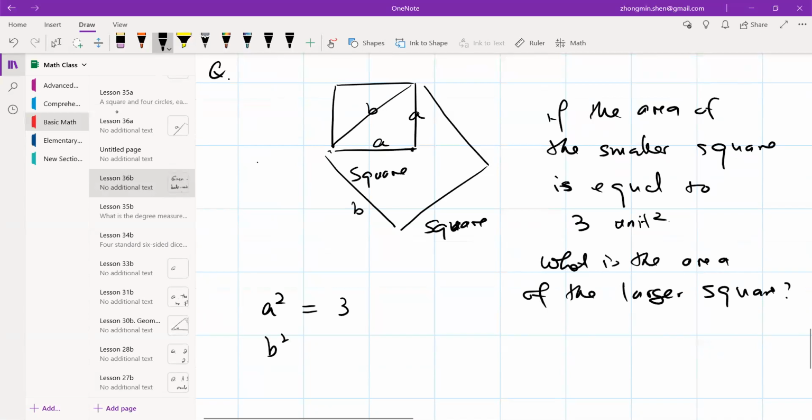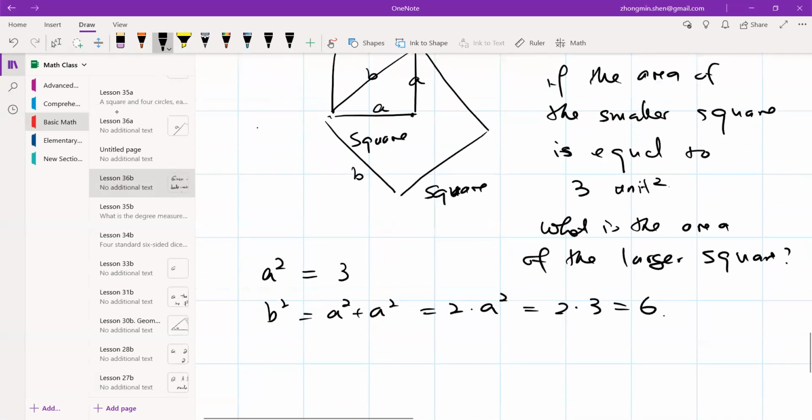Then what is B squared? B squared is A squared plus A squared by the Pythagorean theorem. It is twice A squared, which is 2 times 3, that's 6. And that gives the area, okay? So this is the answer. The area of the largest square is going to be 6 square units.